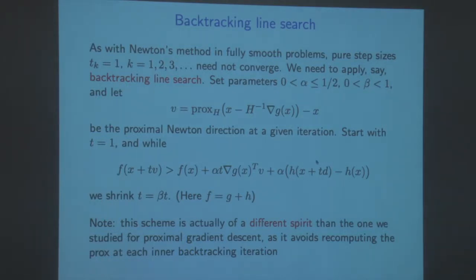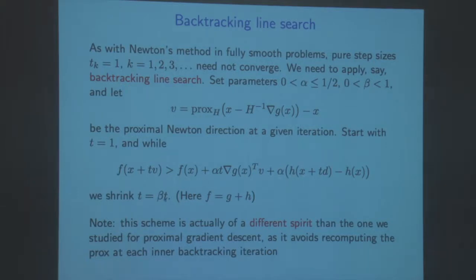This is not the only rule that we can use for proximal Newton, but it's probably the most efficient backtracking rule that we could use because you can see throughout backtracking, we never have to recompute the prox. If we had to recompute the prox at every inner loop of backtracking, that might be disastrous because we haven't talked about how difficult the prox is yet, but you can imagine it's difficult given the dense Hessian. And so you can see that v only needs to be computed once here.